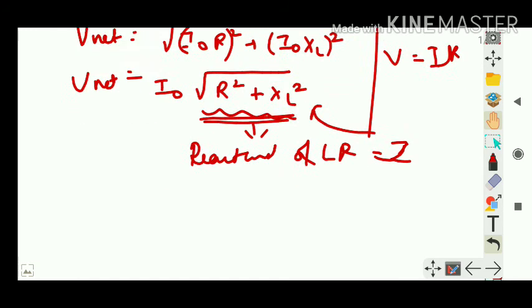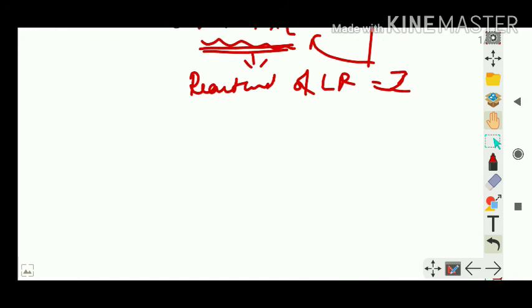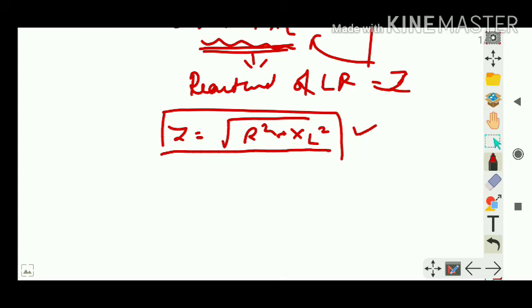You can write it separately also. This is the impedance or the reactance of the LR circuit. You can also call it reactance, or usually it is called impedance. Clear? Keep that in mind.